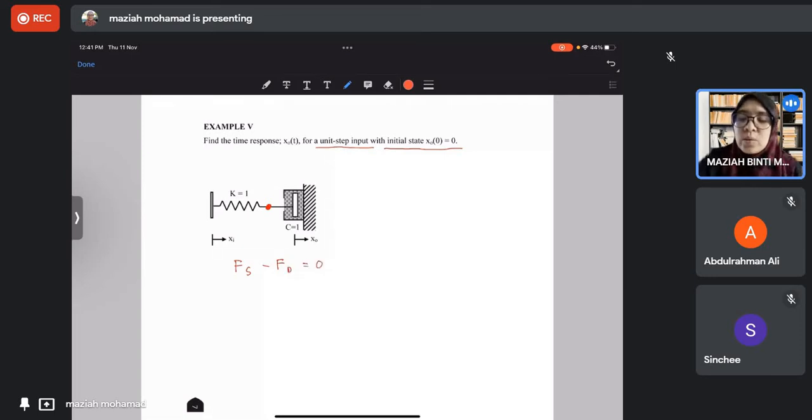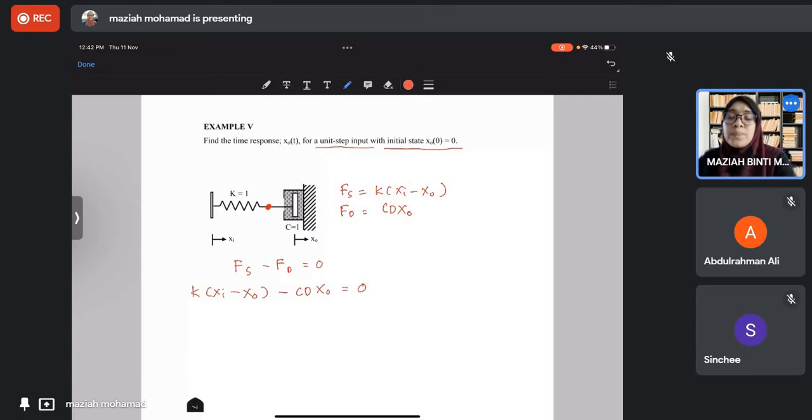For the F spring, it is K (xi minus x naught), and for the F damper, it is C D x naught, because the damper is only related to x naught. The other side of the damper is a wall. So we put this into the equation: K (xi minus x naught). This is the first step in order to get the ODE.